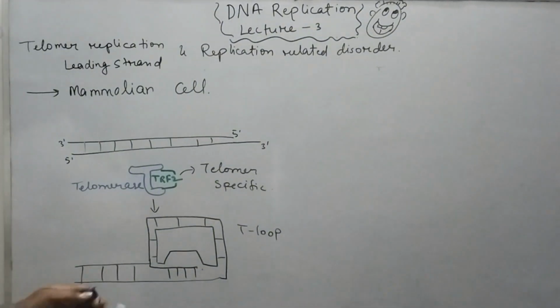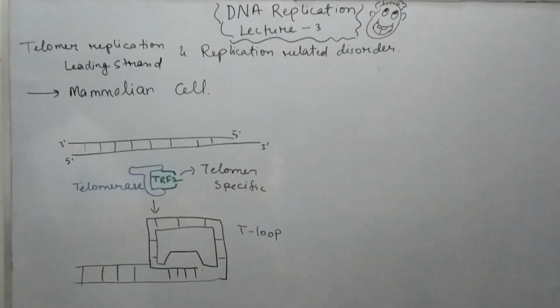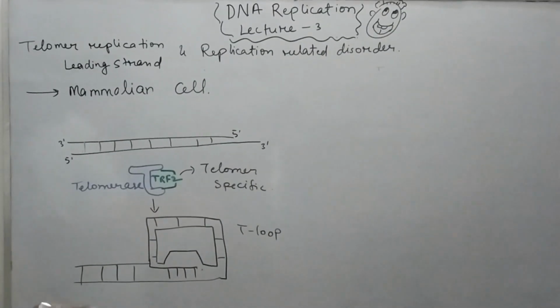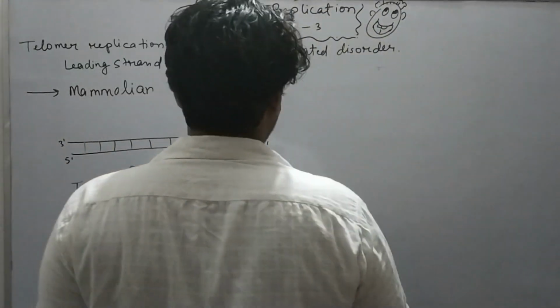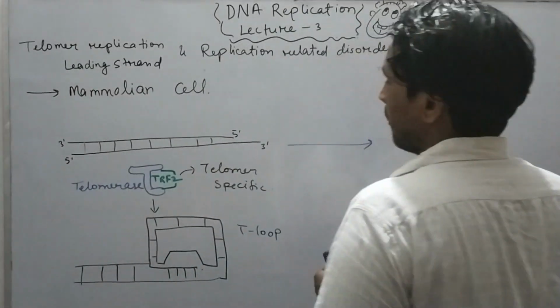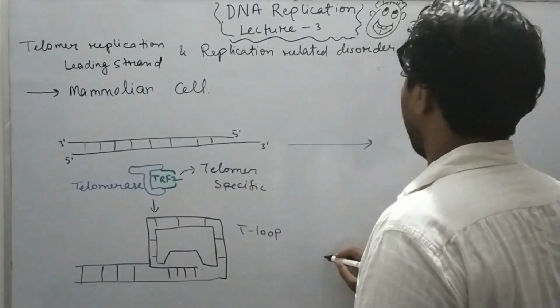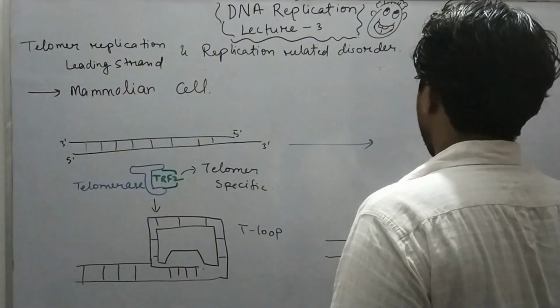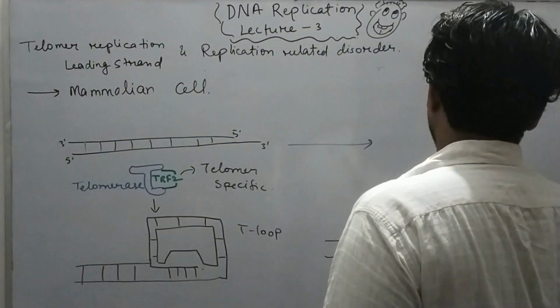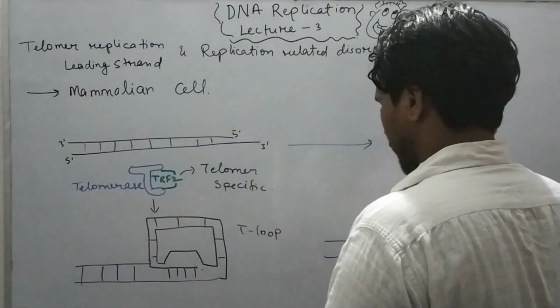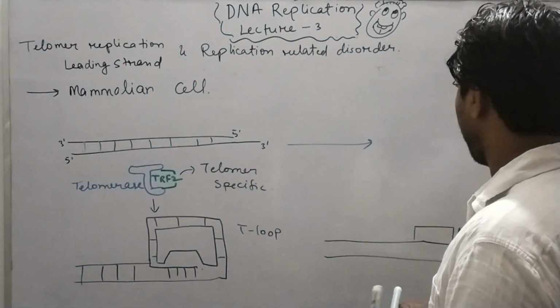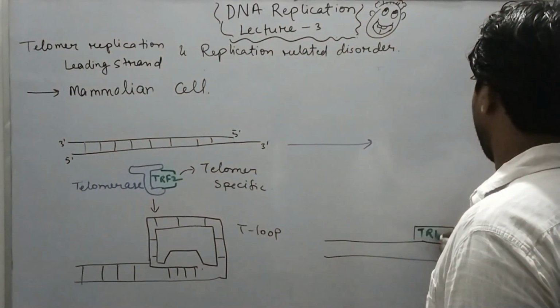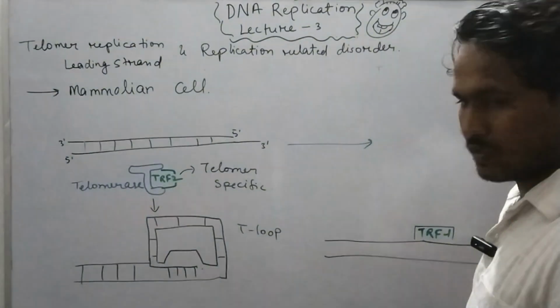Another thing which we have to study: whenever we don't want to make a T-loop, there is another protein which will bind at this side, the telomere side. Suppose this is the side where TRF1 is binding.